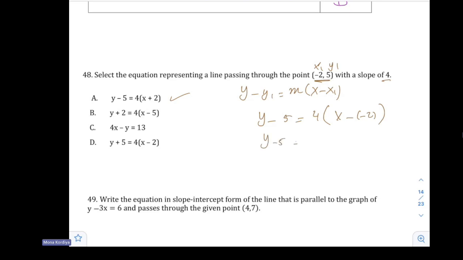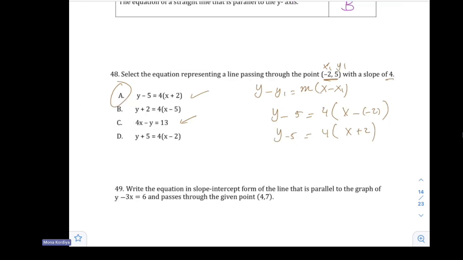If you simplify it, it will lead to x plus 2 here, which is compatible with A. If A was not the right one, then you check the other ones, and if you are asked to check compatibility with the slope-intercept form or whatever, you need to rewrite the equation in this form.